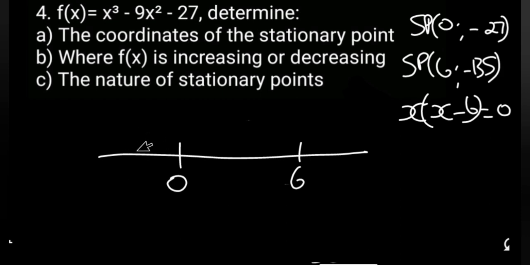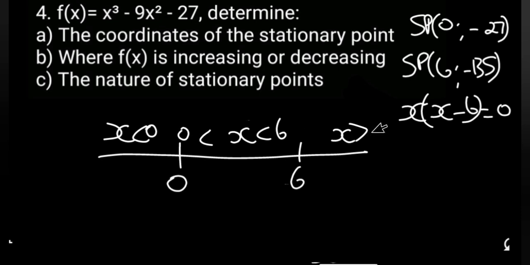We need to evaluate what's going on for values smaller than 0, values between 0 and 6, and values greater than 6. If you substitute 0 or 6 here, you're going to get 0, so we're not going to make any conclusion from that.